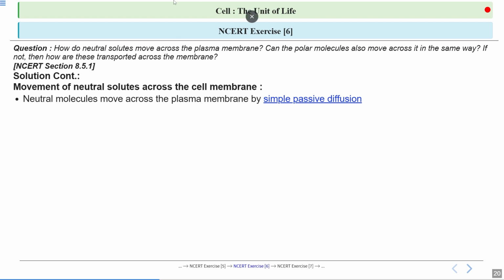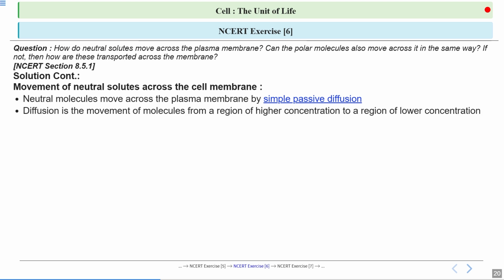Simply by passive diffusion. They move across the plasma membrane by simple passive diffusion. There is no energy required also. That's why it is a passive process. Diffusion is the transport of materials from higher concentration to lower concentration.